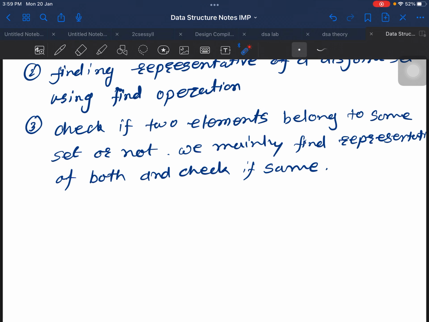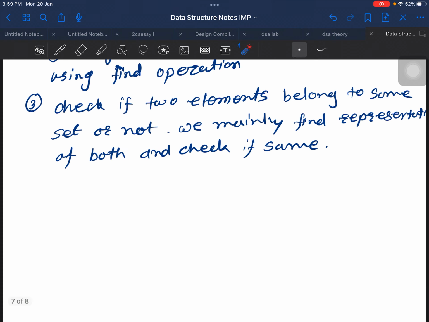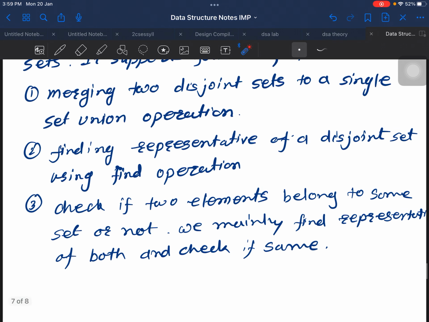So we need to find out whether the elements are present in the same set or different sets. If they are present in the same set, then definitely we can say that there is a cycle present in the graph. If the elements belong to different sets, then we can say that there is no cycle.